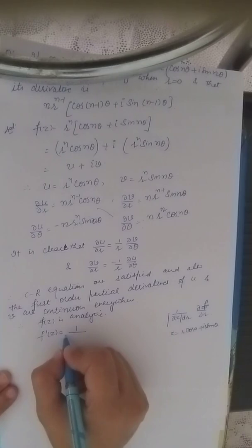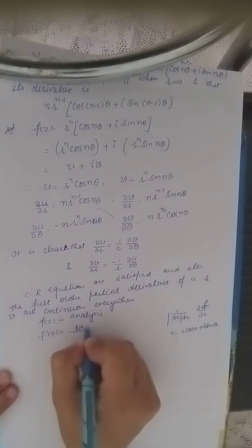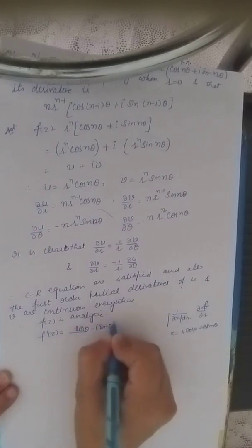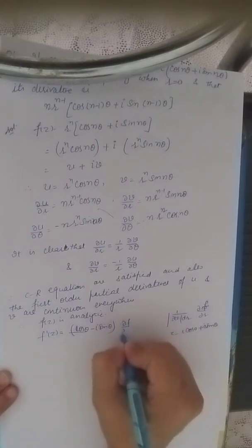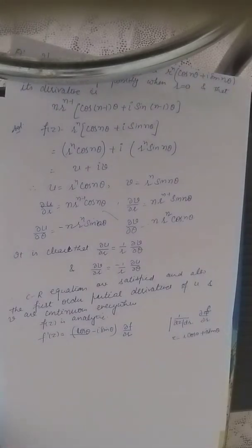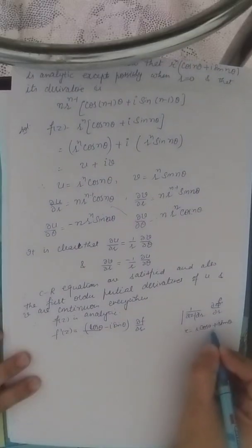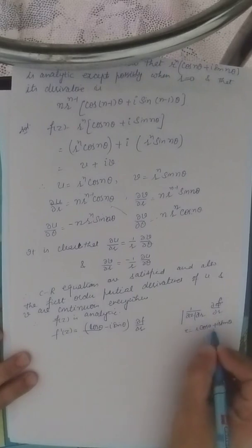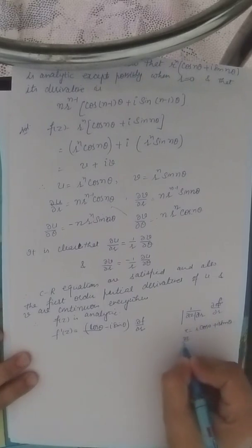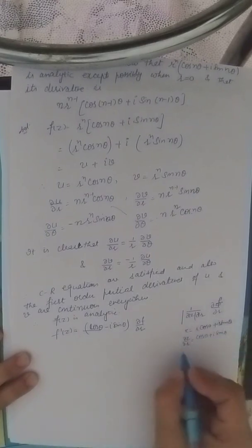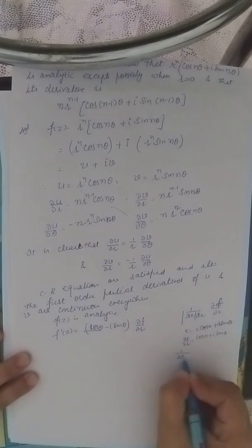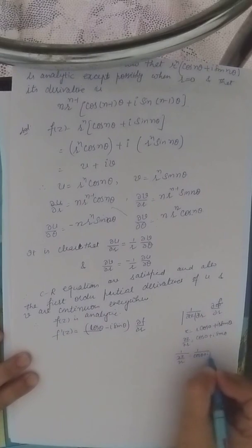And on simplification you will get cos theta minus iota sin theta into the partial derivative of f with respect to r. As here z is r cos theta plus iota r sin theta, therefore the partial derivative of z with respect to r will be cos theta plus iota sin theta, and hence 1 over it will be 1 over cos theta plus iota sin theta.